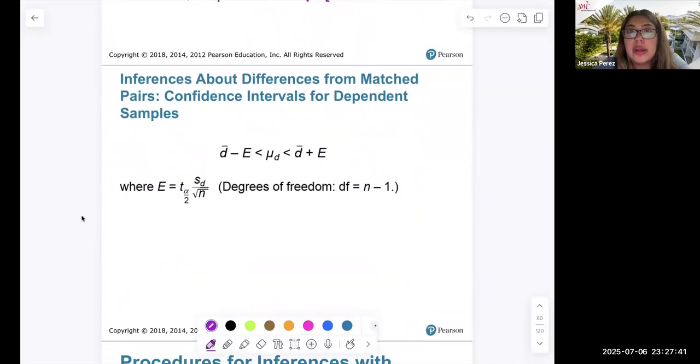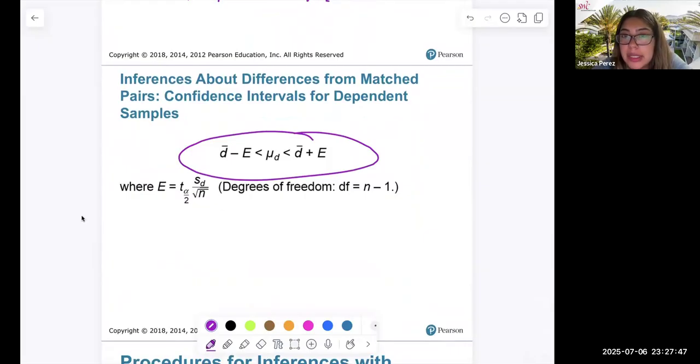Now, when you want a confidence interval, this is the actual formula. It's D bar minus E less than the mean difference less than D bar plus E, where the error E is going to be a critical t-score times your standard deviation of the differences over the square root of n, where your degrees of freedom is n-1.